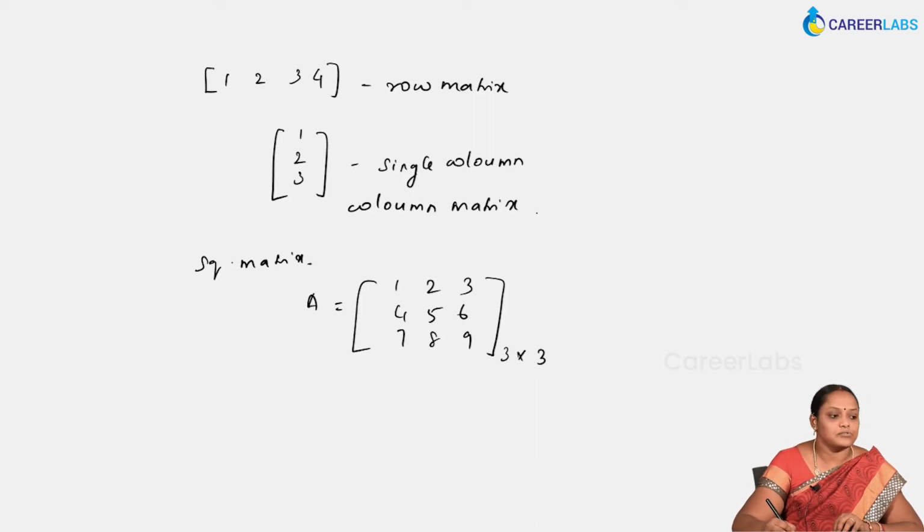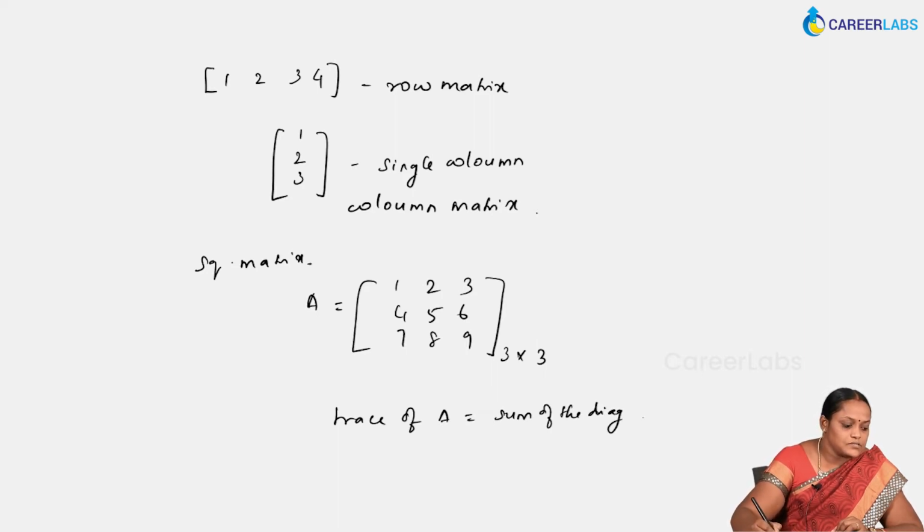And the trace is the sum of all the diagonal elements. Trace of A is nothing but the sum of the diagonal elements. For this problem, it is 1 plus 5 plus 9, which gives you the value 15.